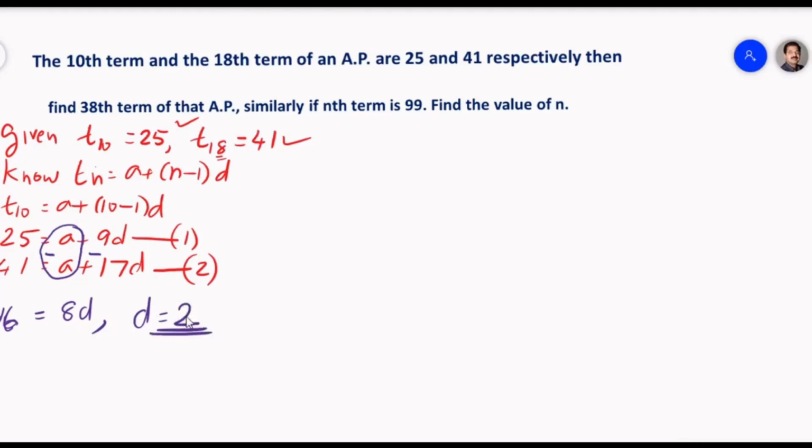Correct? So in that case, we got d is equal to 2, one of the most important things necessary in the formula.